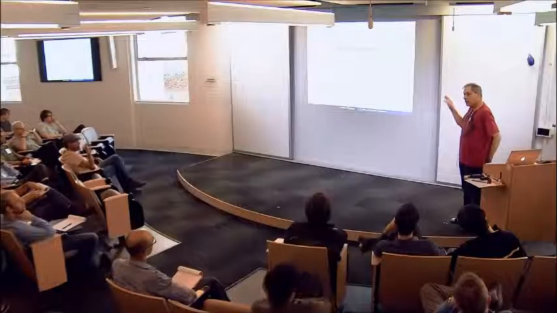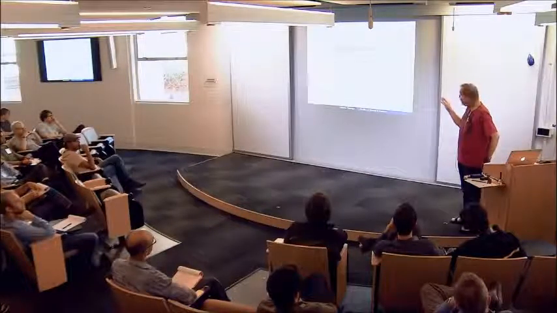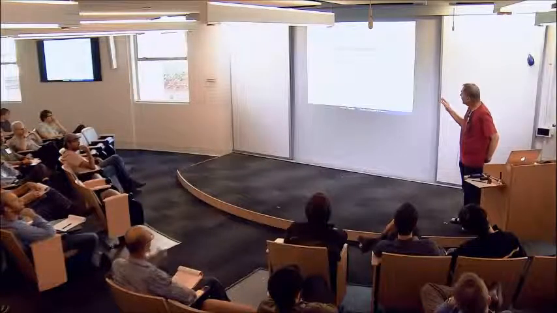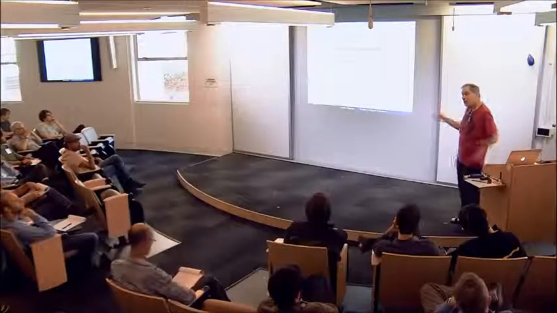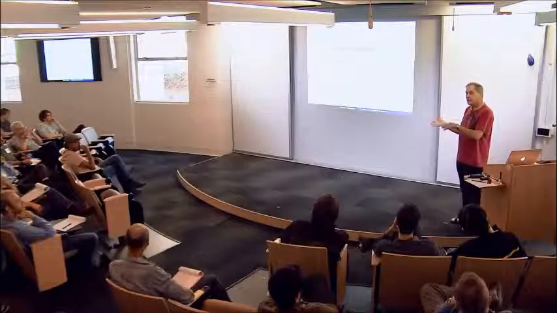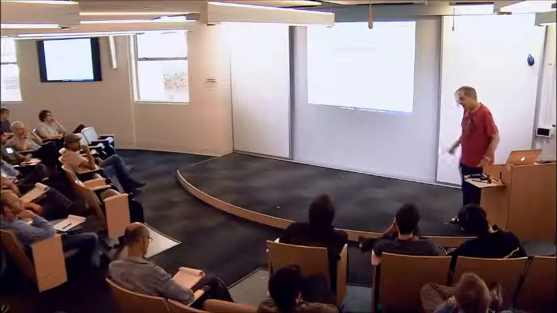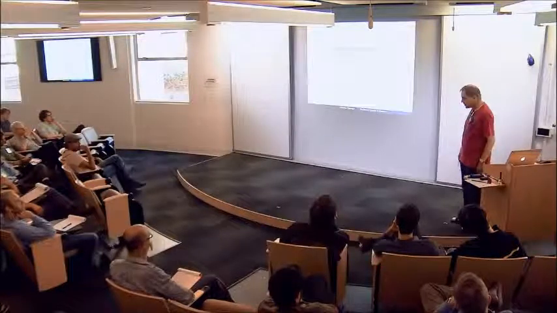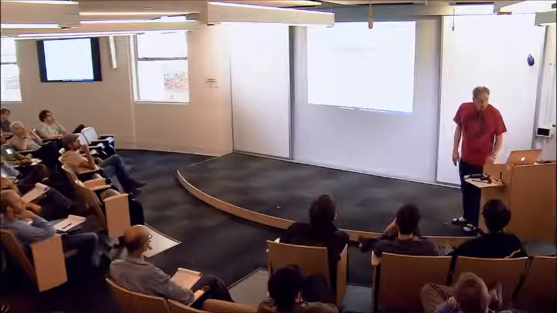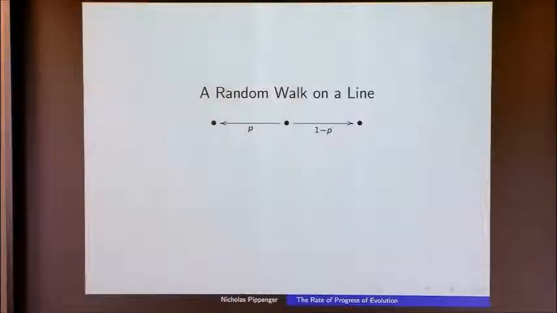Again, I'm not imputing to nature any goal, but you might be interested in more complex organisms and find them more interesting than simple organisms. And so we might be interested in analyzing the origin of complexity. The idea is if you're sitting at that middle dot there, you take a step to the left, decreasing complexity, with probability p, and you take a step to the right at each time step, of course, with probability 1 minus p, gaining a unit of complexity.